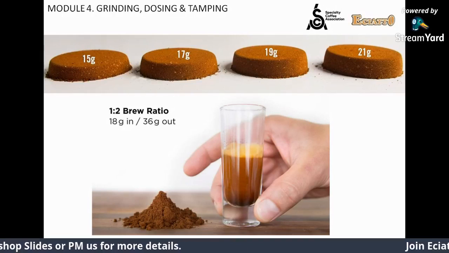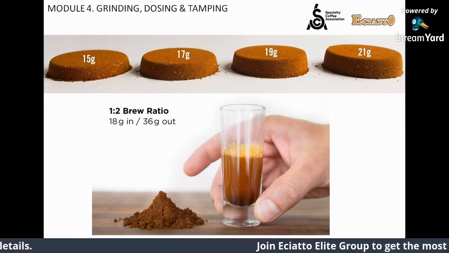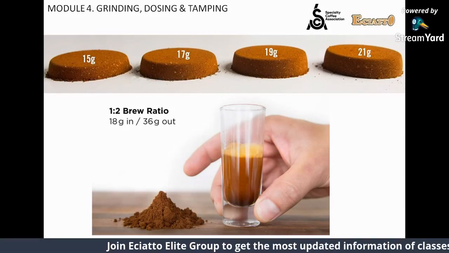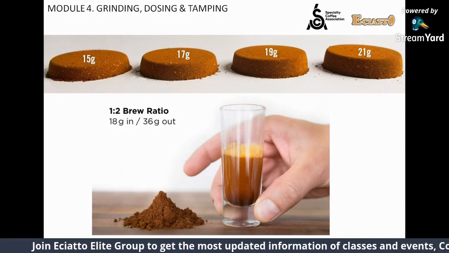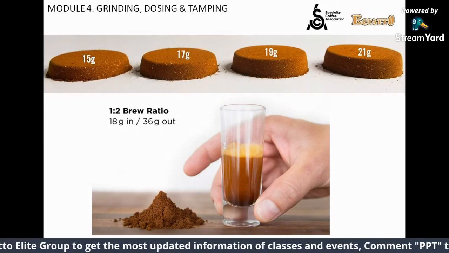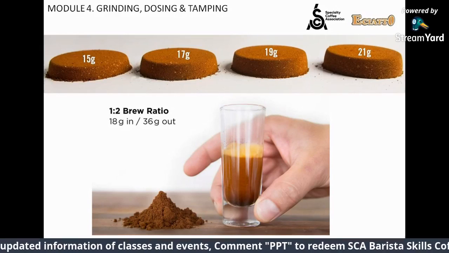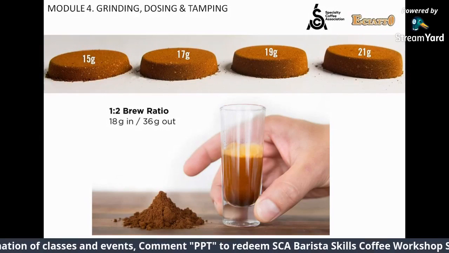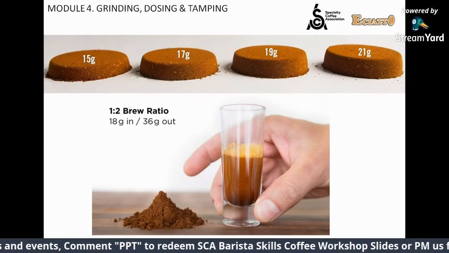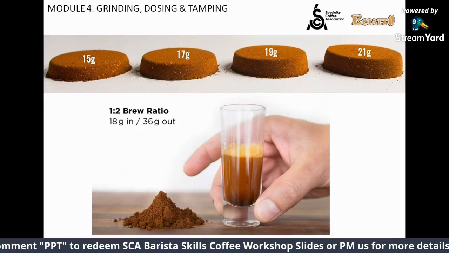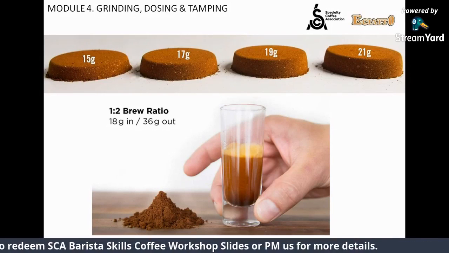So for example, if the suggested dosage is 16 grams, but when you try it, you feel it is not really the profile or the taste that you want, and you want to increase it, sure, feel free to increase. But please make sure that you get the correct grind size and the correct dosage, then you get the correct taste on your espresso.